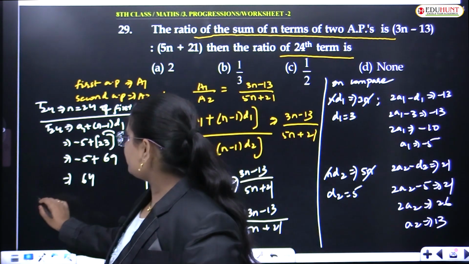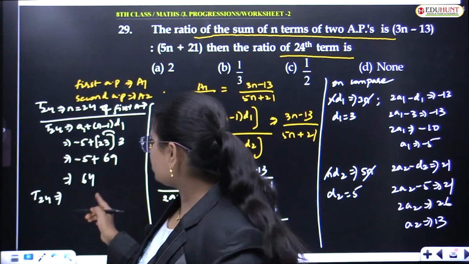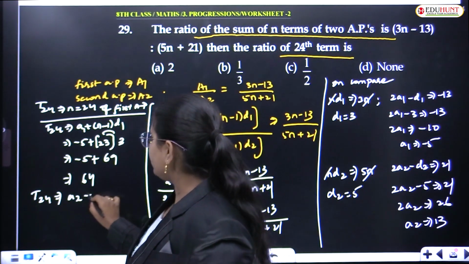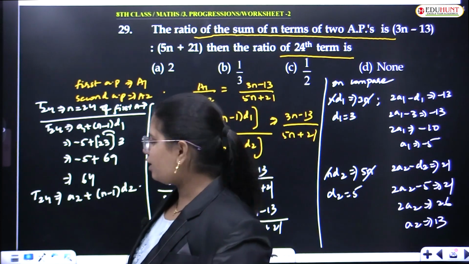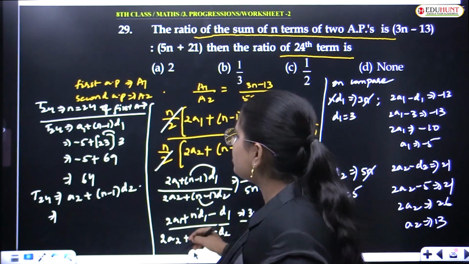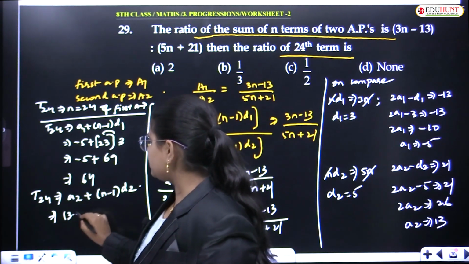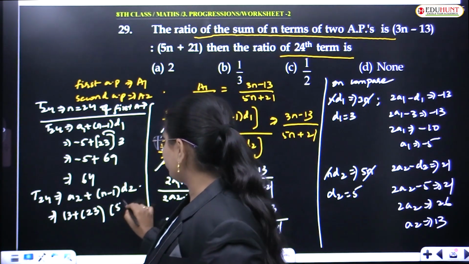The same T24 I also need to calculate in the second AP. What is the second AP formula? A2 plus n minus 1 into the common difference D2. The value of A2 is 13, plus 23 into D2, which is 5.